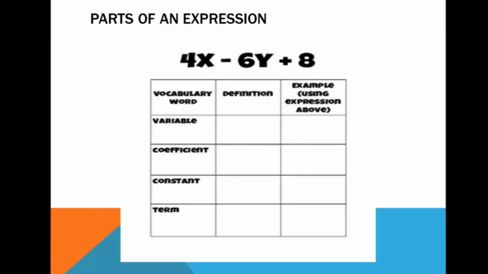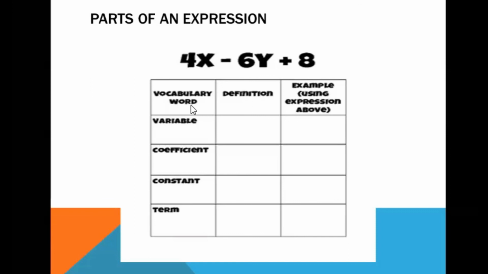All right. So here is an exercise for you to complete now. I'm giving you a few minutes to do this. So you have the expression here, 4x minus 6y plus 8. It's on the screen. Here you have vocabulary or word, you have definition, and then you have example using the expression above.